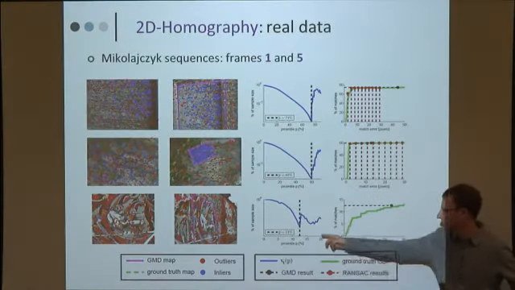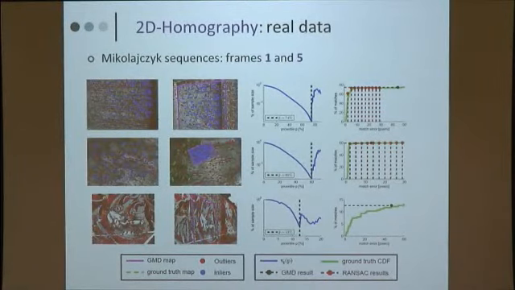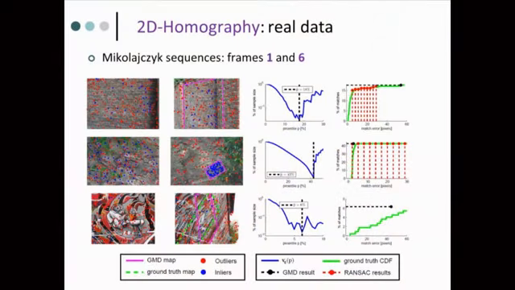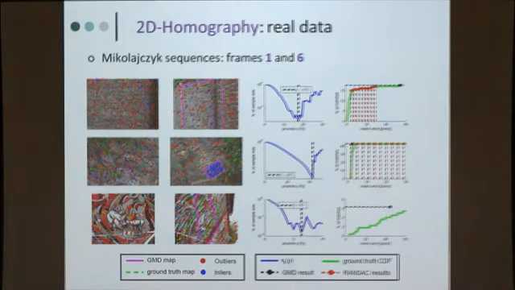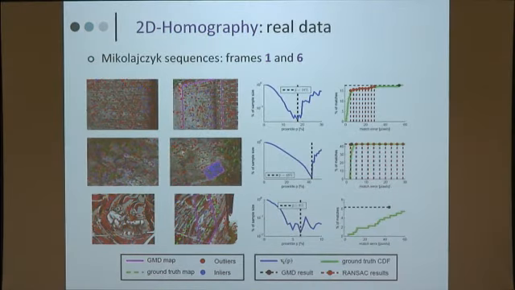In this example, it's only 13% inliers. And these are frames 1 and 6. Actually, this is one of the only examples where we totally failed. This is due to the fact that there are only 2 correct matching SIFT points in this example. So SIFT totally broke down here.